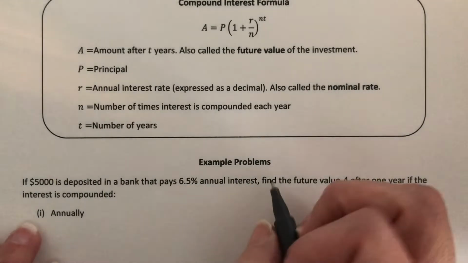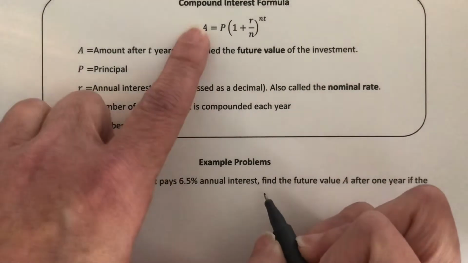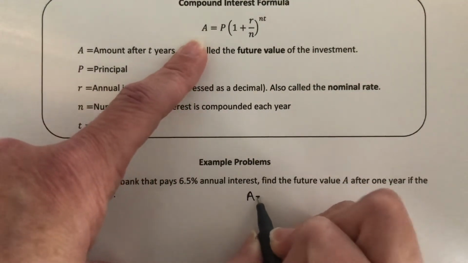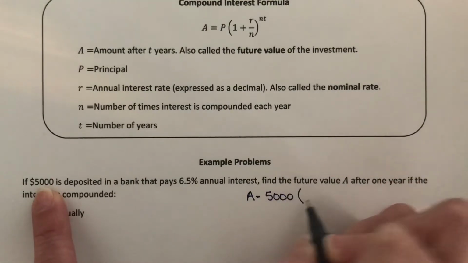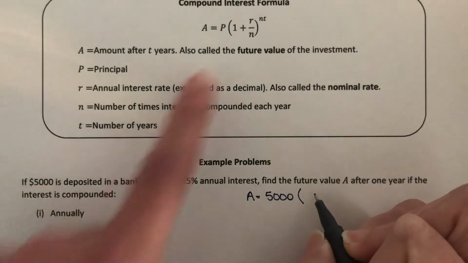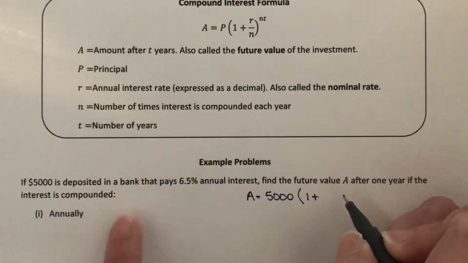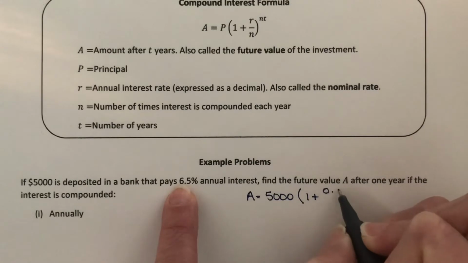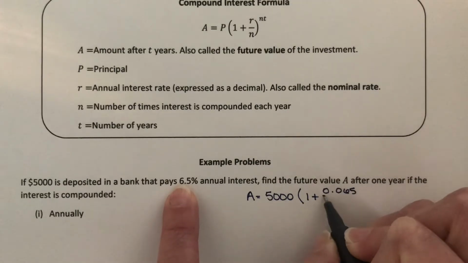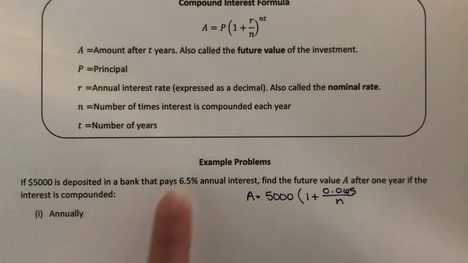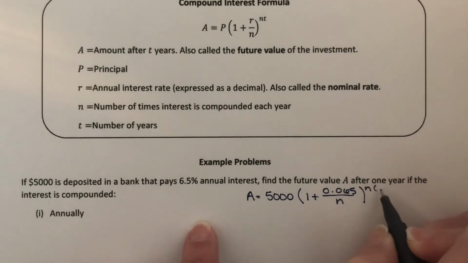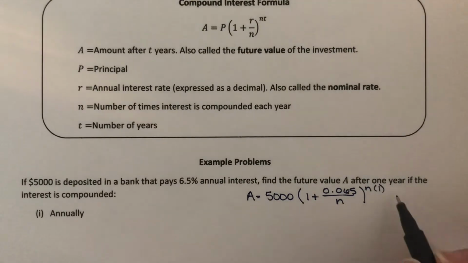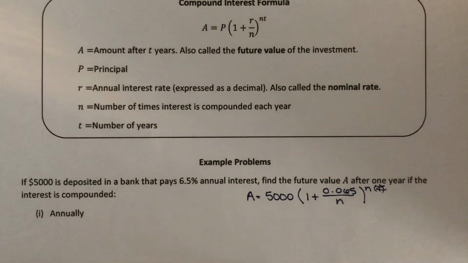So my general formula here, A is equal to the principal times 1 plus the rate as a decimal over n, that's the part that's going to change with each of these, raised to the n times t, but that's 1. So in that case, I don't really need that 1. This is what I'm going to plug into every time.